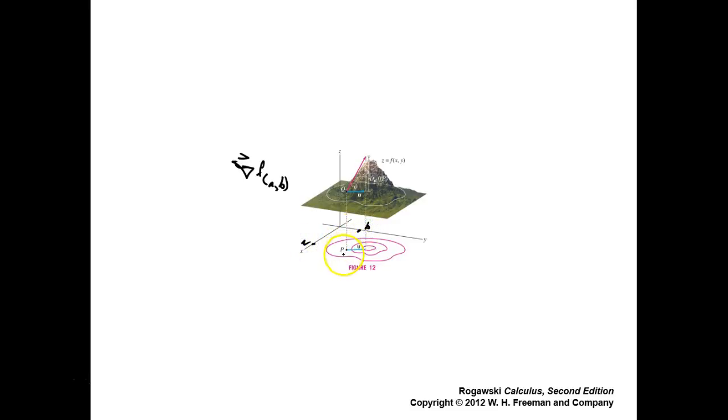So that point here is ab, and this Q is at the point a, b, f of ab. All right. So the gradient of f, and that's a vector quantity, at the point ab is the vector 0.4, 0.02. Now, that doesn't seem like a very steep gradient there.